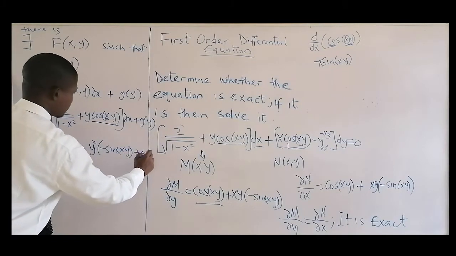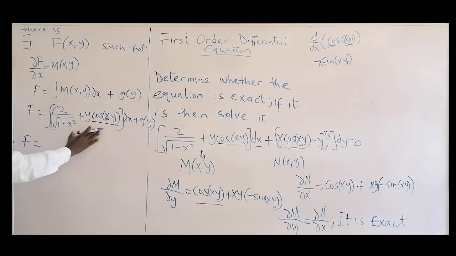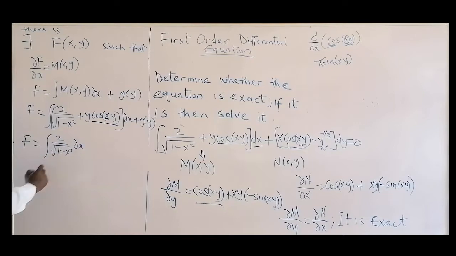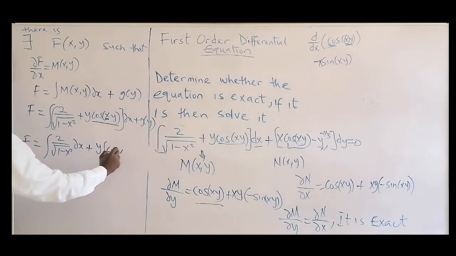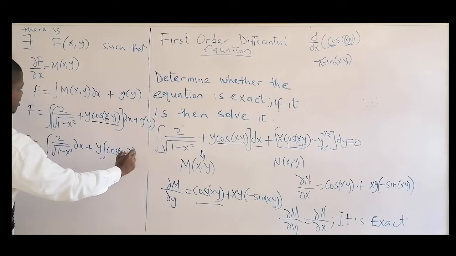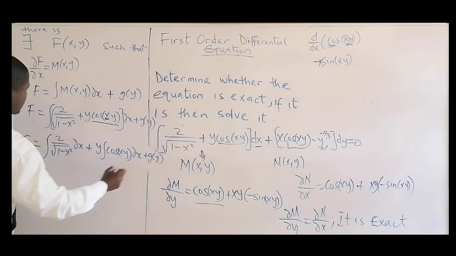That's g of y. Yeah, f will be equal to the integral of this first one, 1 minus this squared dx, then plus y cos xy with respect to x also, then plus g of y.